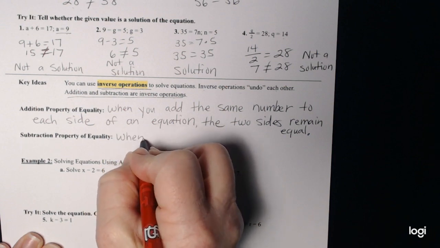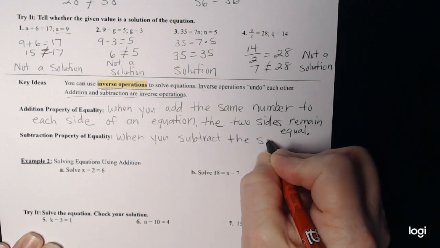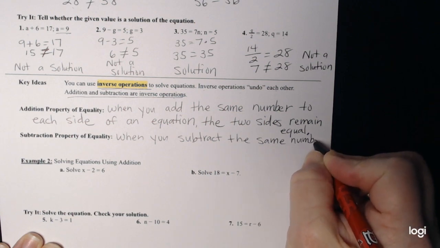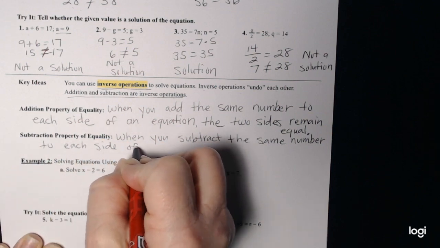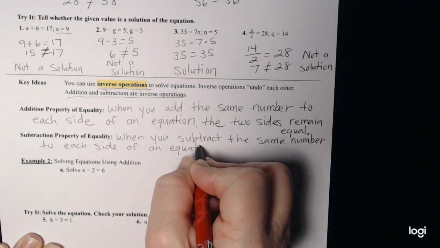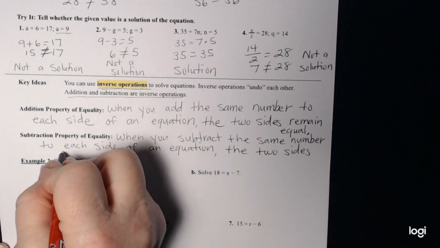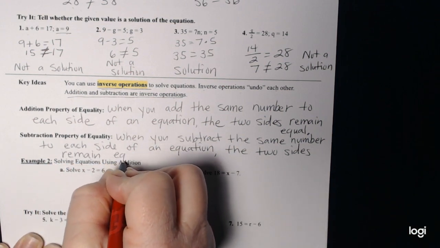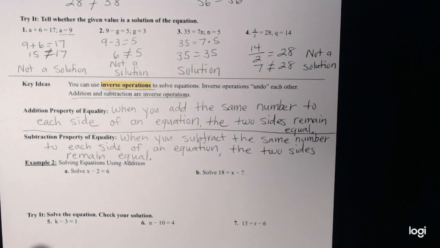So we're going to say when you subtract the same number from each side of an equation, the two sides remain equal. And if you need to pause the video so you can write this down, you sure can do that.